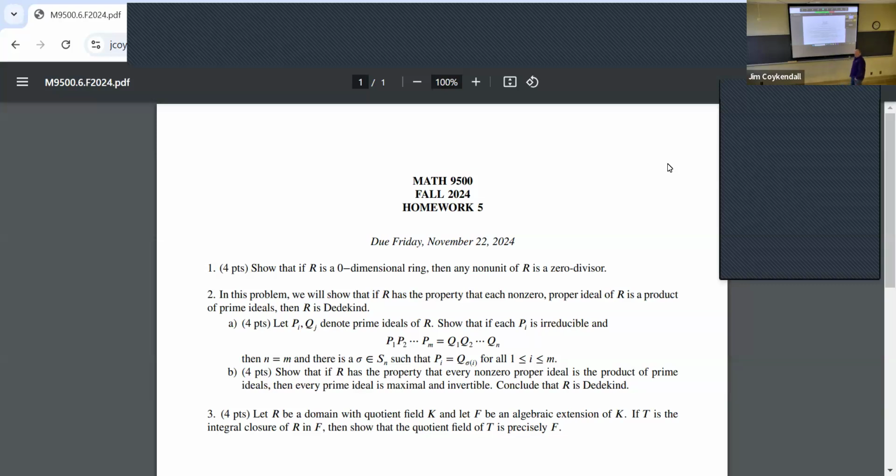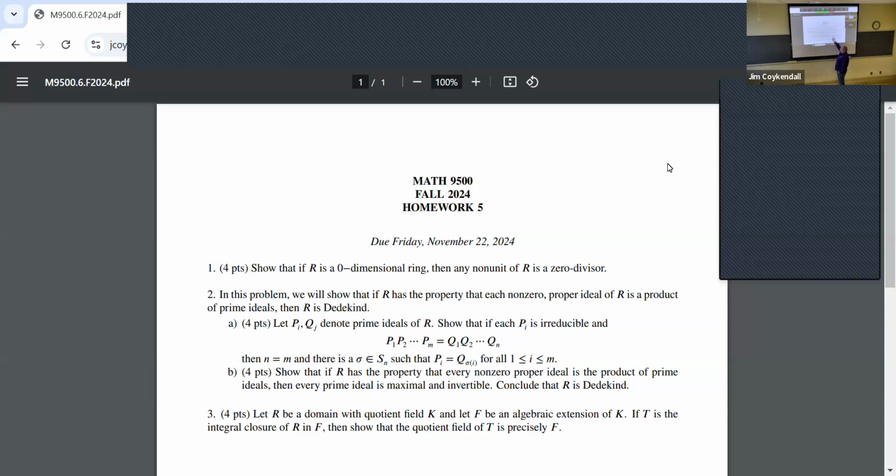That's what we need. I'll fix that as well. Show that if each P_i is invertible, if you have a product of the P_i equal to a product of these other primes Q_j, then n equals m, and there's a sigma in S_n such that, in other words, you get uniqueness of length and factorization, right? And as a nice little corollary, it turns out that all the Q's have to be invertible as well, right?